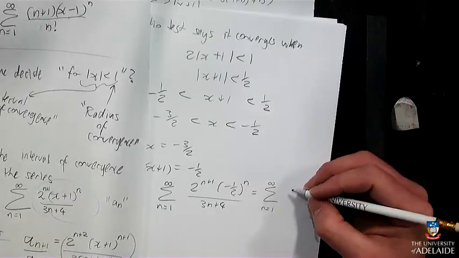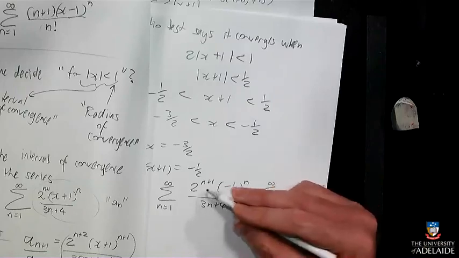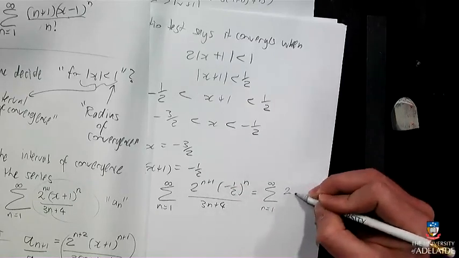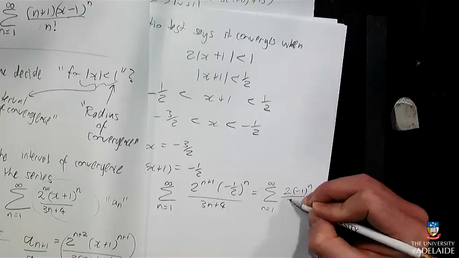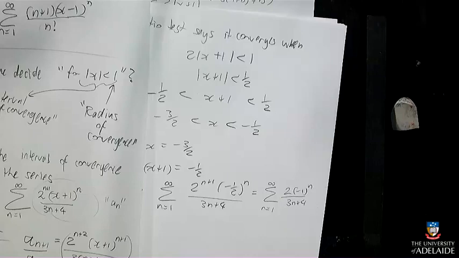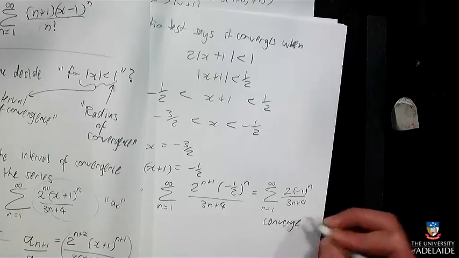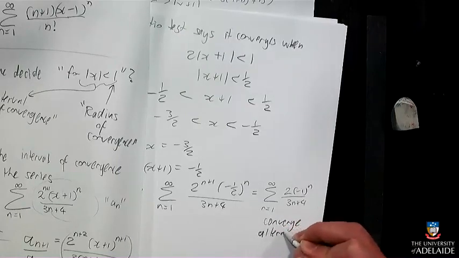Oh man. Well, I guess 2 to the n on the bottom would cancel with that, so I'm going to get... And that one will converge because it alternates and the bottom goes to infinity, and it goes to 0, since it's alternating.